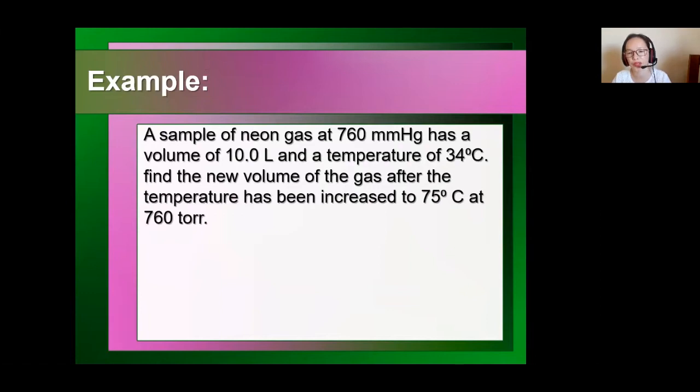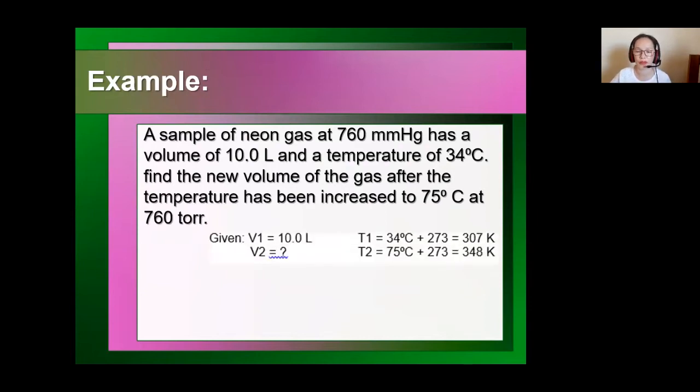Take note, pressure here is constant. Initially the volume is 10. What will happen to the volume if the temperature increases from 34 to 75? And take note, temperature is always expressed in Kelvin. To do that, you have to add 273. So we have 307 and 348.